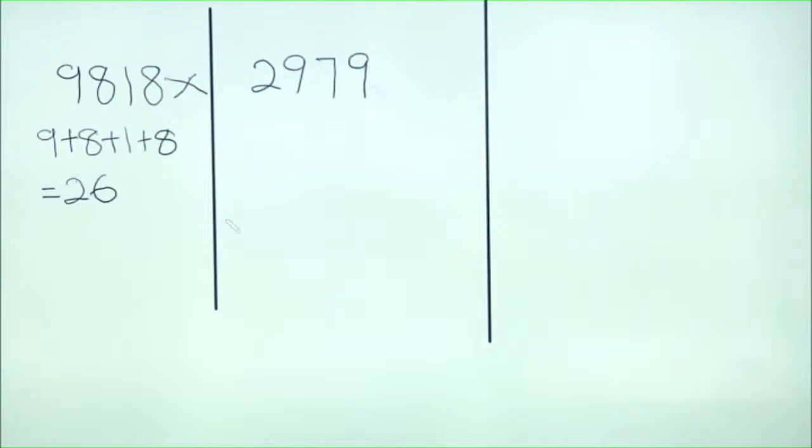Let's check. 2 plus 9 plus 7 plus 9. Let's add all the digits and see. 2 plus 9 is 11. 11 plus 9 is 20. And 20 plus 7 is 27.